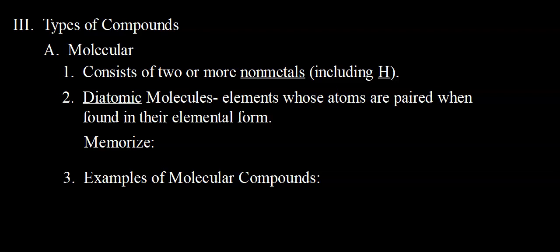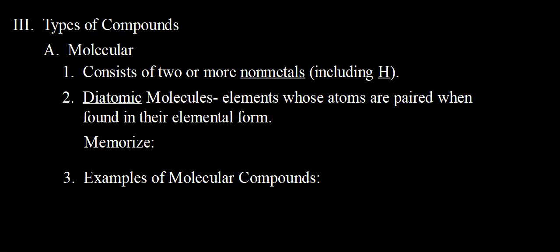Remember, a molecule is a particle made of two or more same or different atoms that are bonded to each other. In this case, we have diatomic. Prefix di means two. So two of the same atoms bonded together. So you're going to have to memorize the elements which exist in nature as a diatomic molecule.